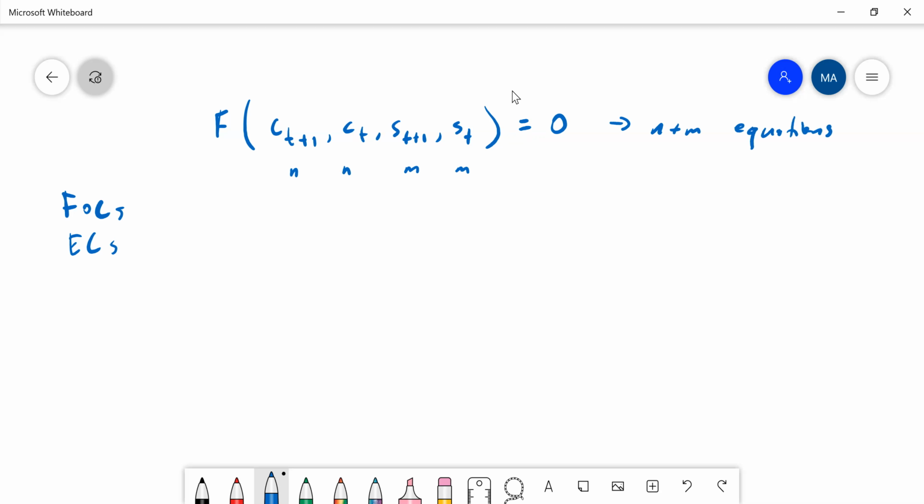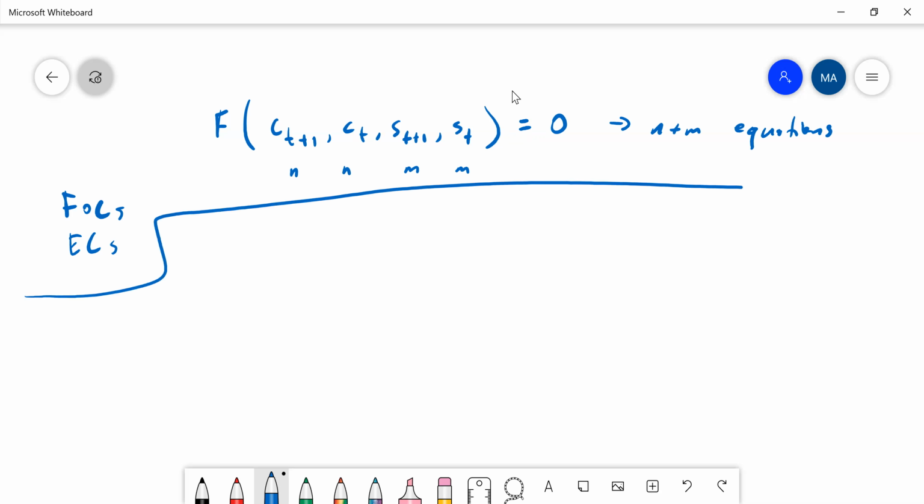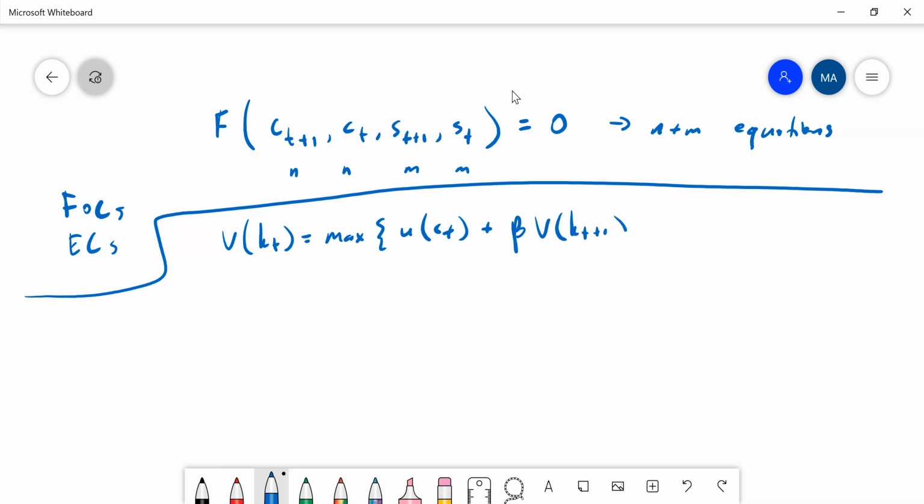So if you want to understand this in the context of the optimal growth problem, remember that you have k t, then you have u of c t plus beta V of k t plus 1, right? So you have the constraint plus that, right? So first here you have the first order condition with respect to c.